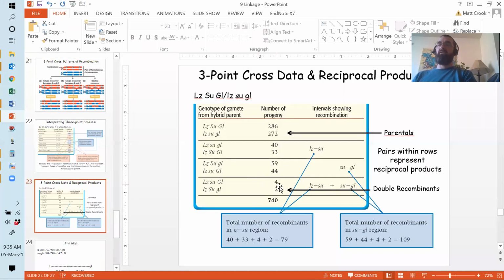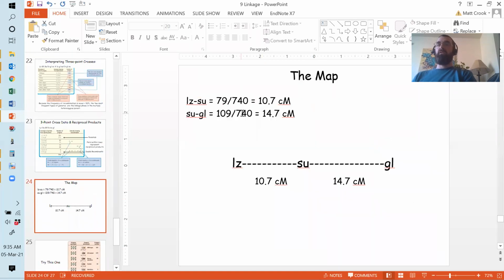So you have to add those together, and that gives you 109 over 740, which is 14.7 centimorgans. Okay, questions?